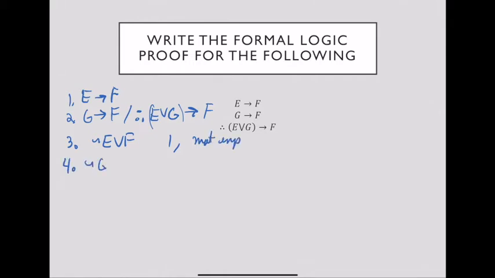And 4, I'm also going to use material implication. I somehow have to get all of these together, so I'm going to use conjunction, and I'm going to add 3 and 4. So I have not E or F and not G or F.